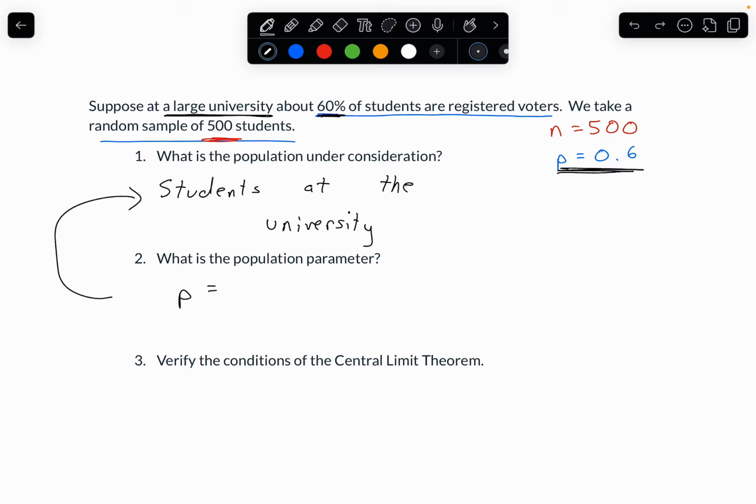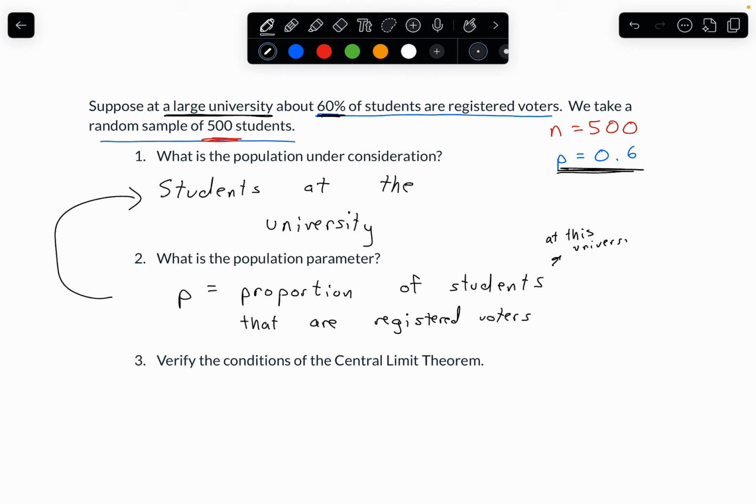In this case, this is going to be the proportion of students that are registered voters. And I guess I should be a little bit more specific here. Proportion of students at this university, because the population proportion has to come from the population that we just talked about, students at the university.